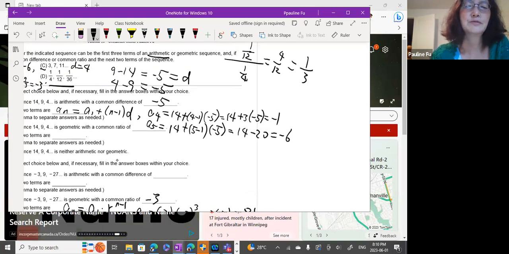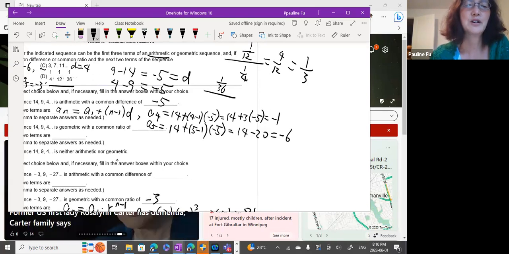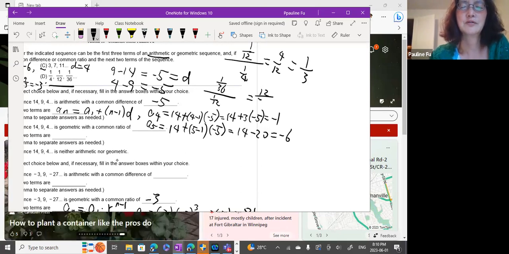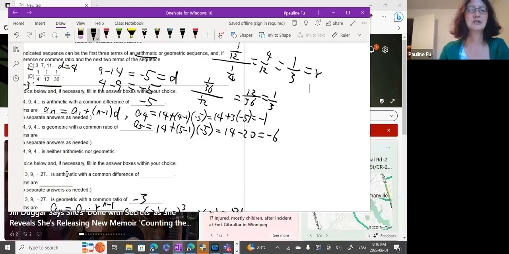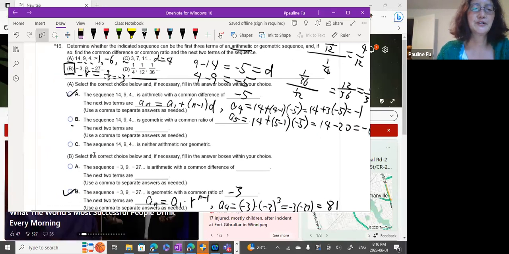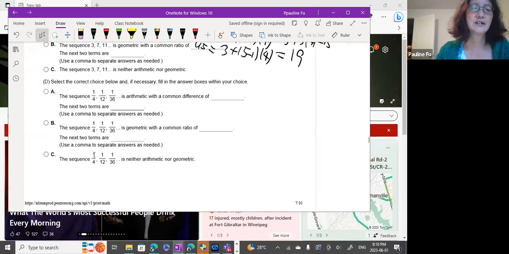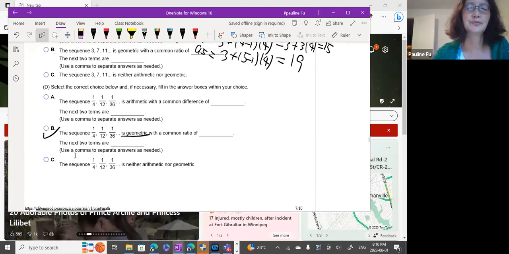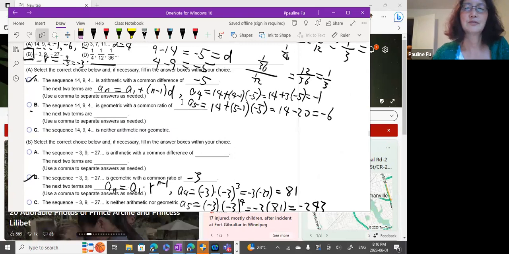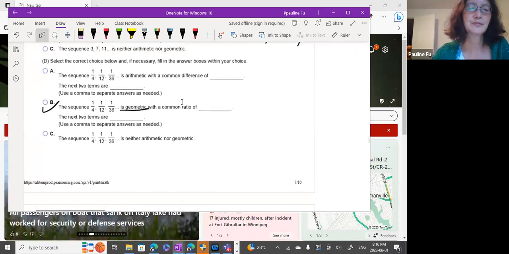And then when you do 1 over 36, the third term, over 1 over 12, you get 12 over 36, so still 1 over 3. So 1/3 is the common ratio r. D is a geometric sequence with common ratio 1/3.